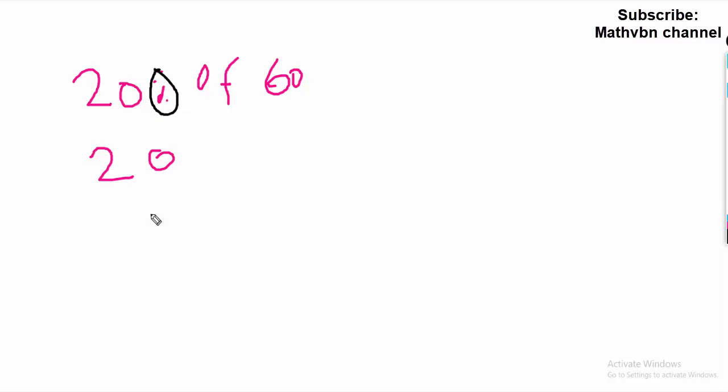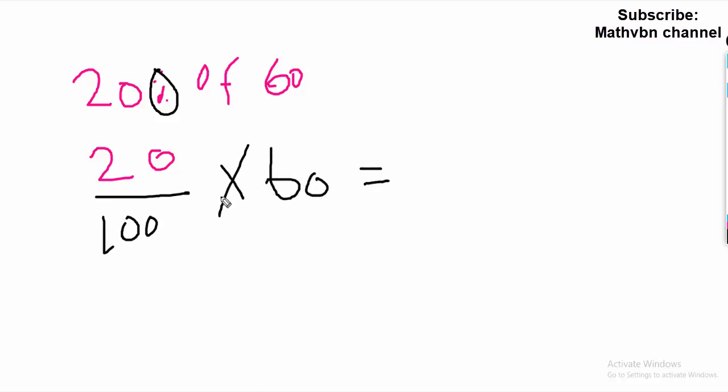Remove this percentage sign, write 100 over here, and multiply the number 60, cut 0 with this 0 and this 0 with this 0. Now multiply this number with this, it will be a 12.